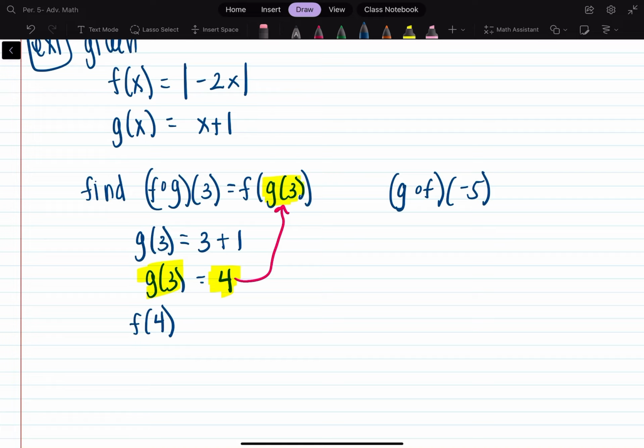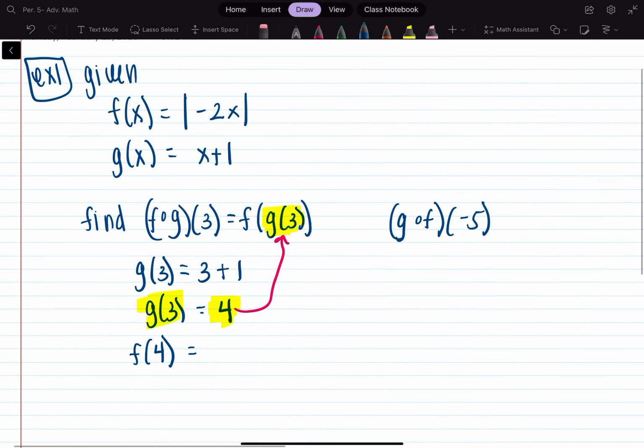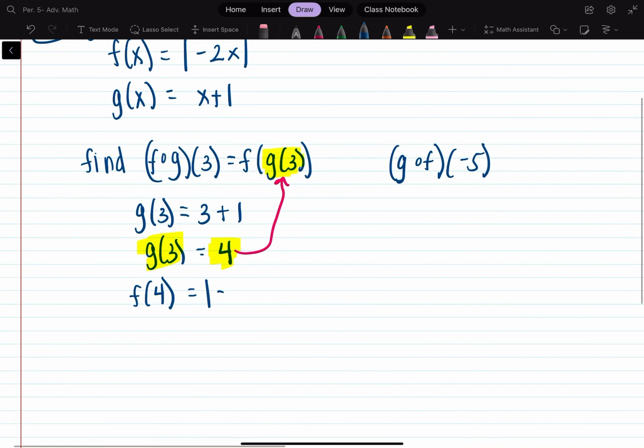Hopefully. Take a second. Honestly, it's just this whole idea of inputting different things into our functions rather than just x. So now for this one, all you got to do is look at your function f. We know that it's the absolute value of negative 2x. Rather than writing x, I'm going to substitute in 4. So this will be the absolute value of negative 8.